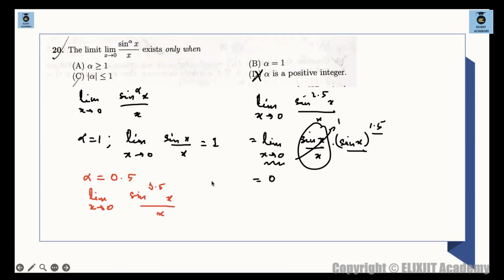Again, target will be to bring this in terms of sin x upon x format, right? Let us multiply and divide by sin of 0.5x. Sin of 0.5x divided by sin of 0.5x. Let's see what we can get from here.